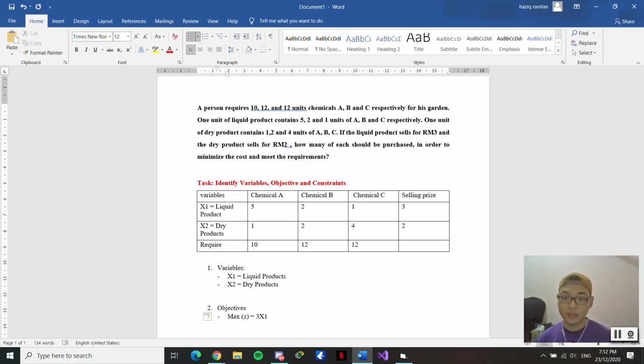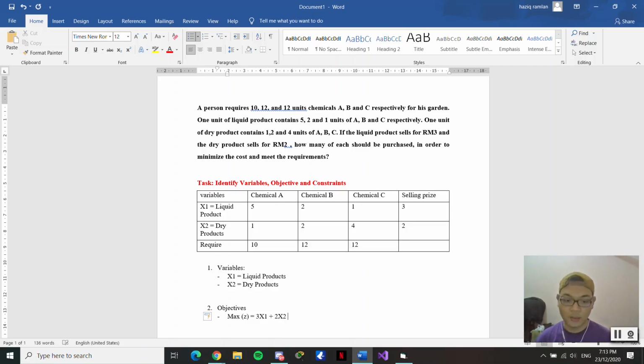Why I put 3x1 is because that 3 ringgit is for the liquid products, and bear in mind liquid product we named as x1, so 3x1. Then we plus it with the selling price for dry products, which is x2, so 2x2. So that is the objective of the question.